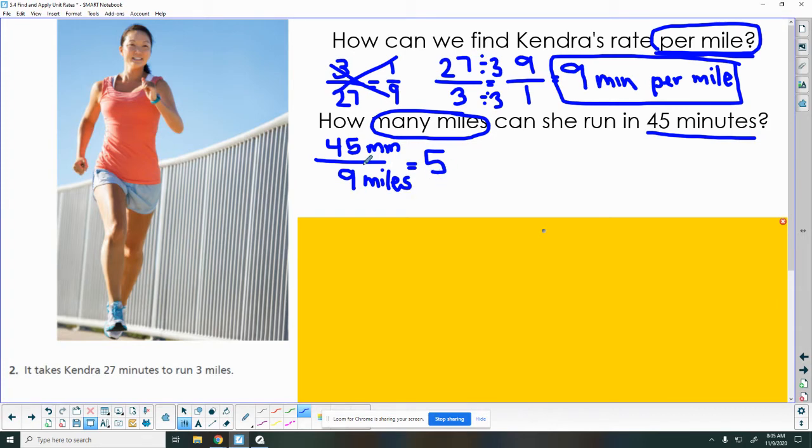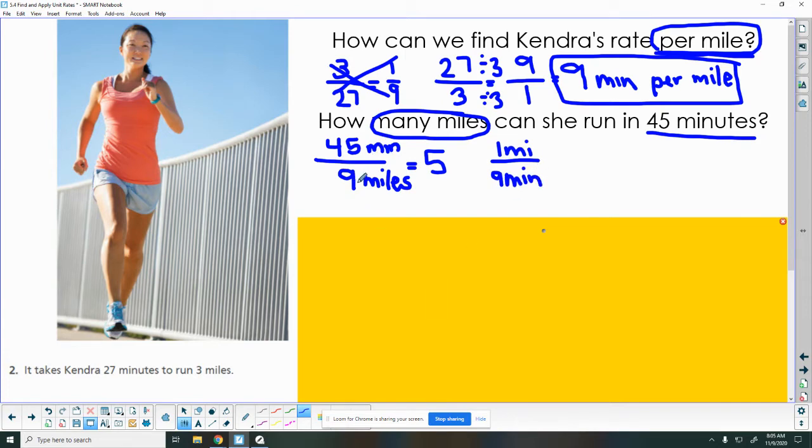So I'm going to talk about another way, a different strategy that we might want to be thinking about just for other problems that maybe don't work out so nicely. So I'm actually going to flip my problem around. And I know that she can run 1 mile and it takes her 9 minutes.